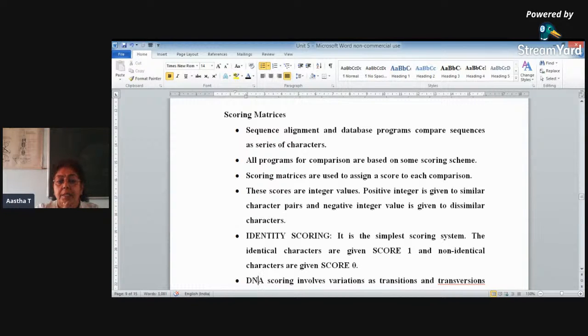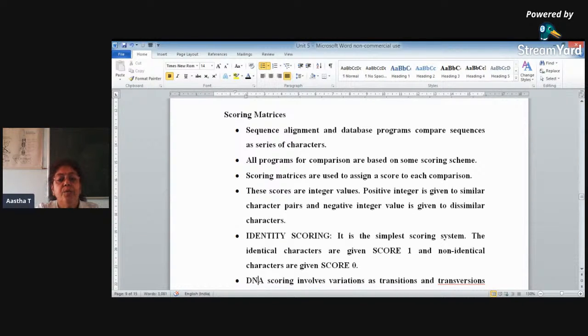The comparison between them, how the sequence is aligned, in which direction it is, in which polarity it is, all this information about different sequences, whether nucleic acid or protein sequences, is how the comparison is done as a series of characters. All programs for comparison are based on some scheme, and that scheme is known as a scoring scheme.